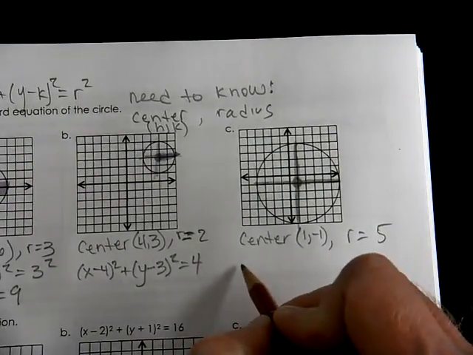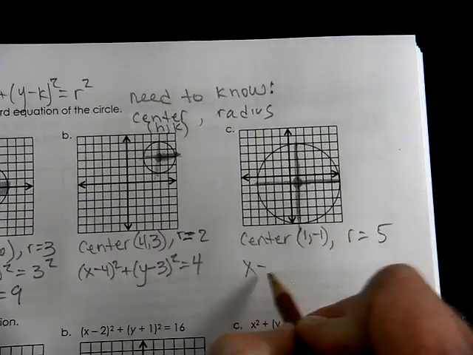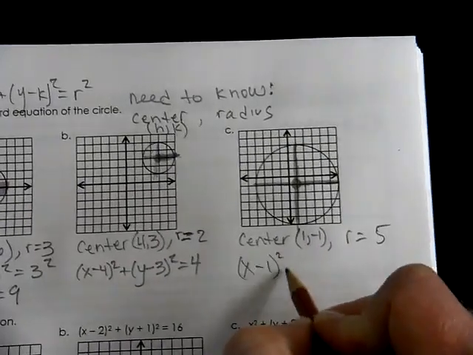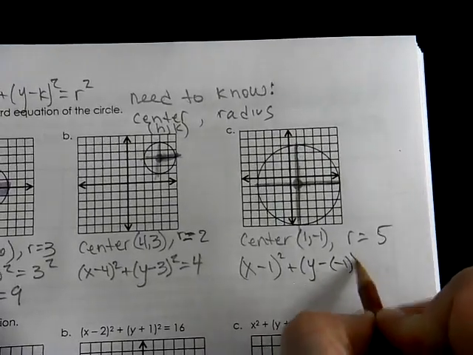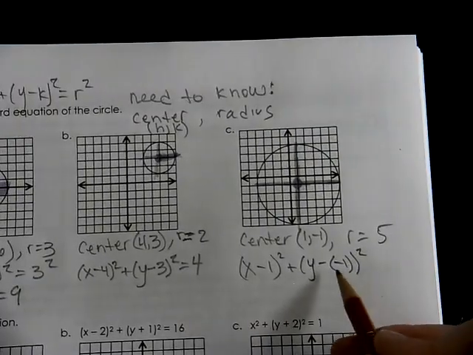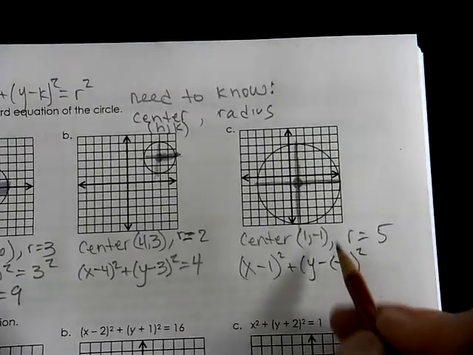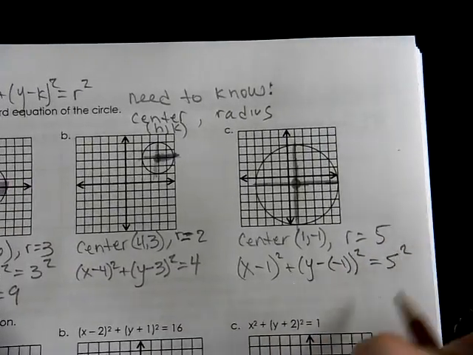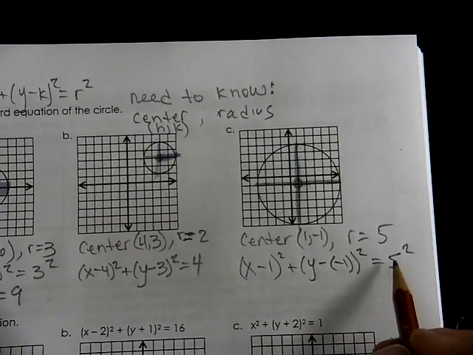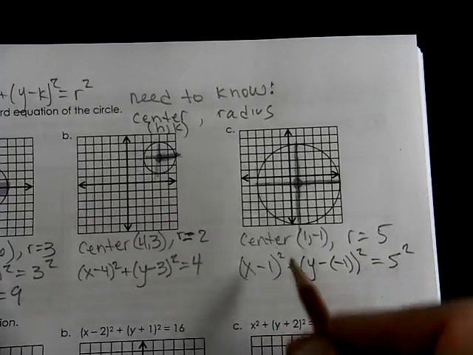So to write our equation, we're going to have x minus a positive 1 squared plus y minus a negative 1, and you square that unit. Notice I put the negative 1 in parentheses. Then we have our radius squared.